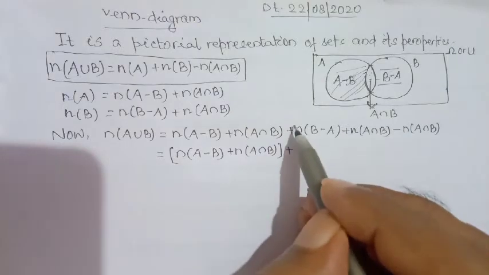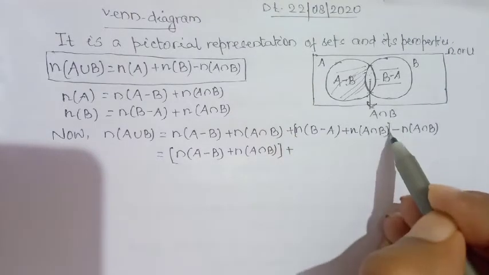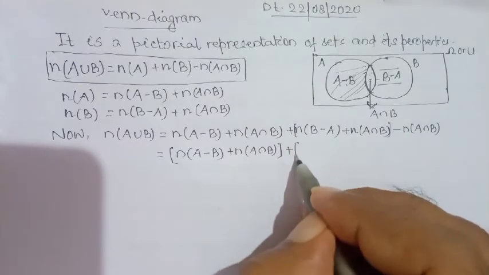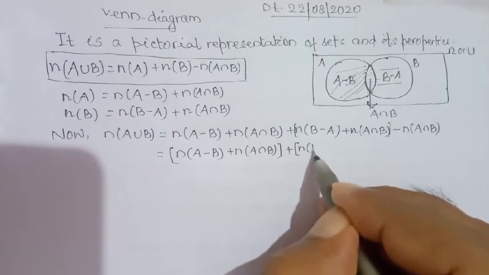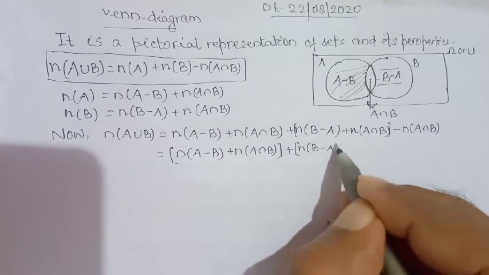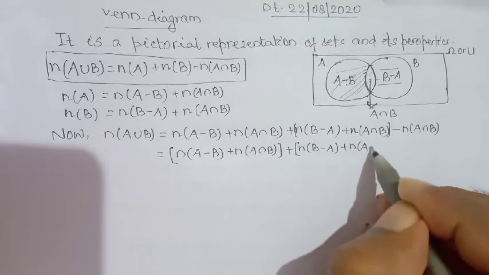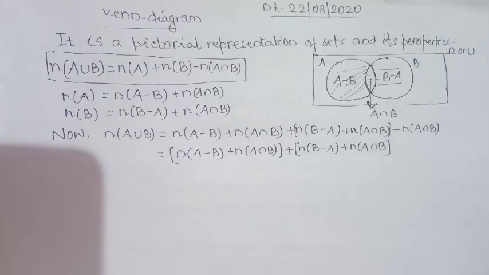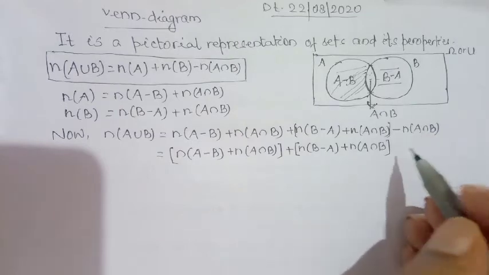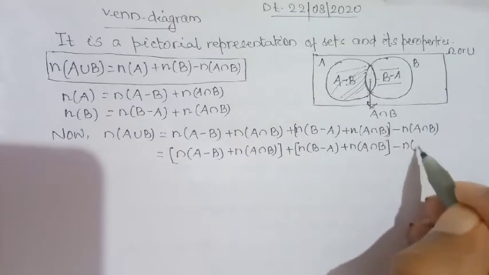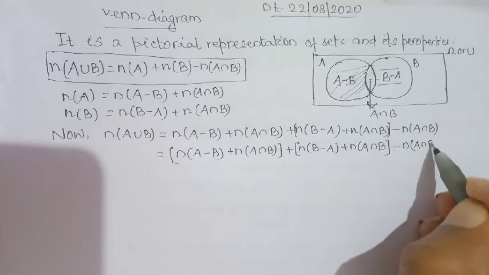Now write the other two terms in another bracket: number of elements of B minus A plus number of elements of A intersection B, and one term here, minus number of elements of A intersection B.